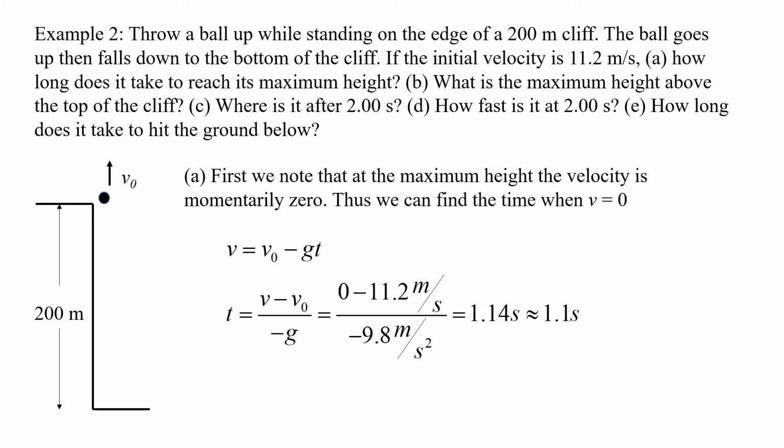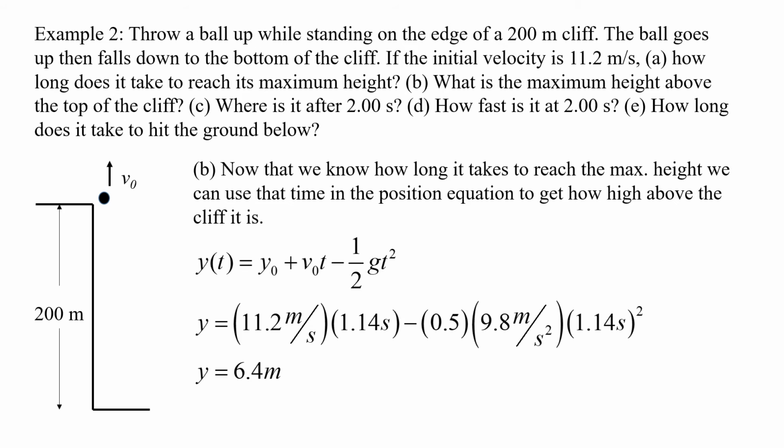Now, part B, what is the maximum height above the top of the cliff? All right, well, we know how long it takes to reach the maximum height, so now we can write the position as a function of time and put in that time. So we're calling the top of the cliff as 0.